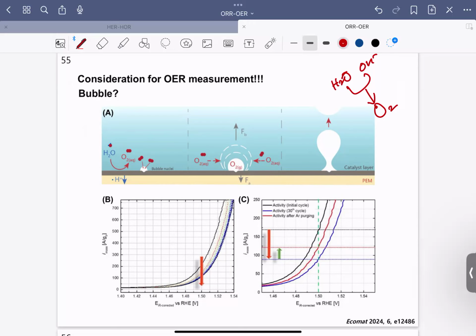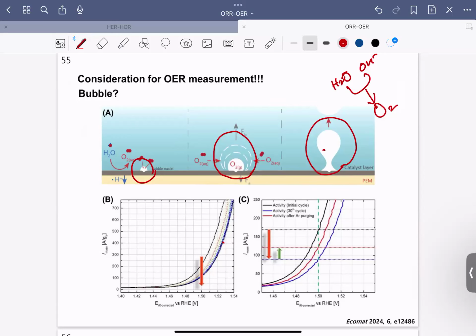At the very beginning, there is a small bubble on the surface. If you increase the current or apply more, the oxygen bubbles increase, and after a certain period of time, they can be detached, right? Which means the oxygen bubble may affect the overall current, right?